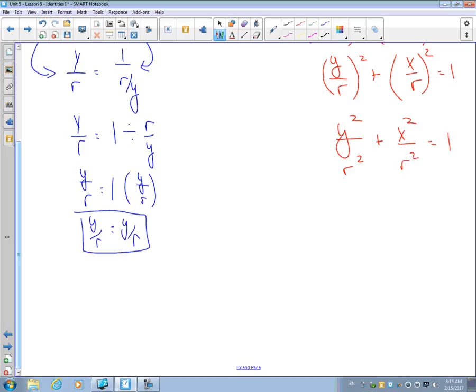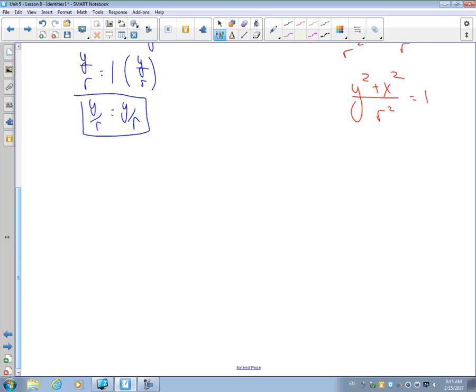How do fractions work when I add them? I can rewrite it as y squared plus x squared over r squared. And if I were to just flip that format around for just a second, can I write it in a different format? We might recognize that we've seen x squared plus y squared before.